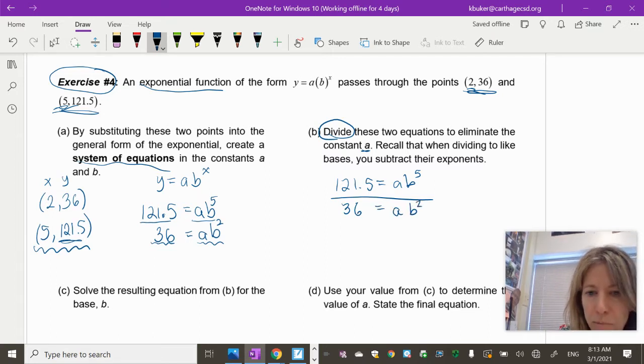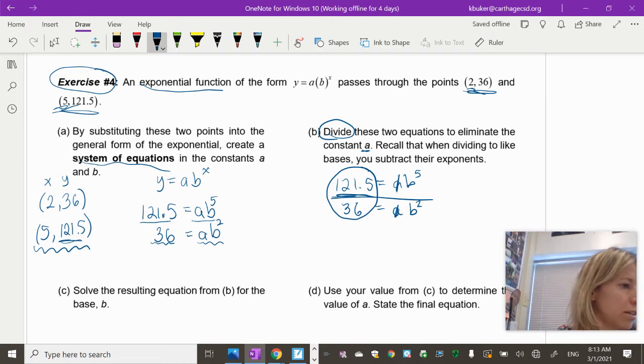All right, and the reason why I want my bigger numbers on top is because when I'm dividing, okay, it's nice to divide. These are just numbers, so I'm going to divide these to get a value. The a's will cancel out, and when I divide, I subtract exponents, okay?